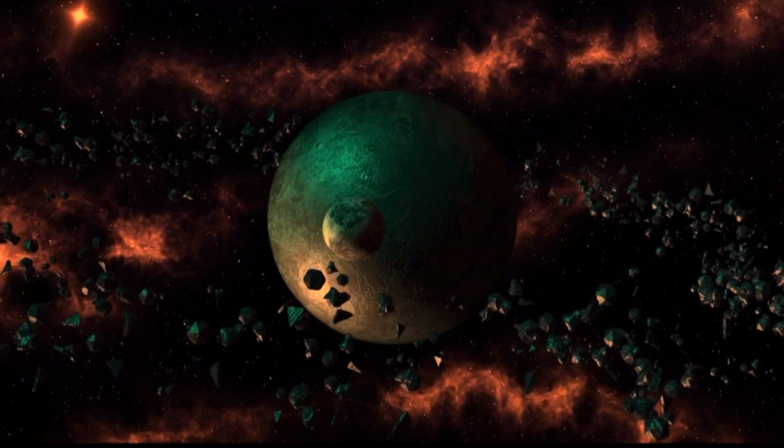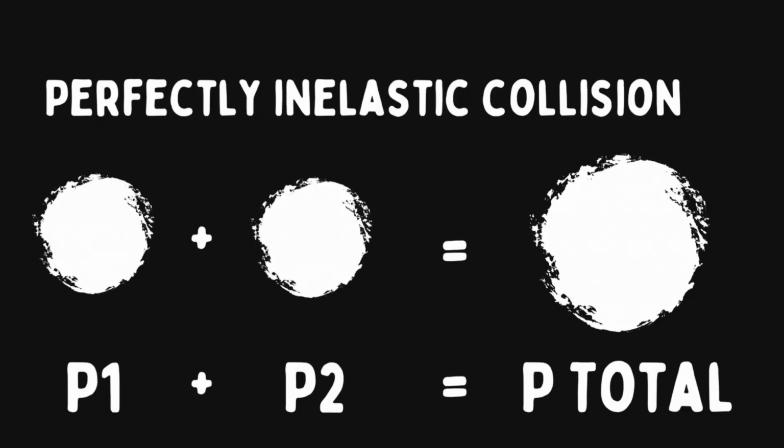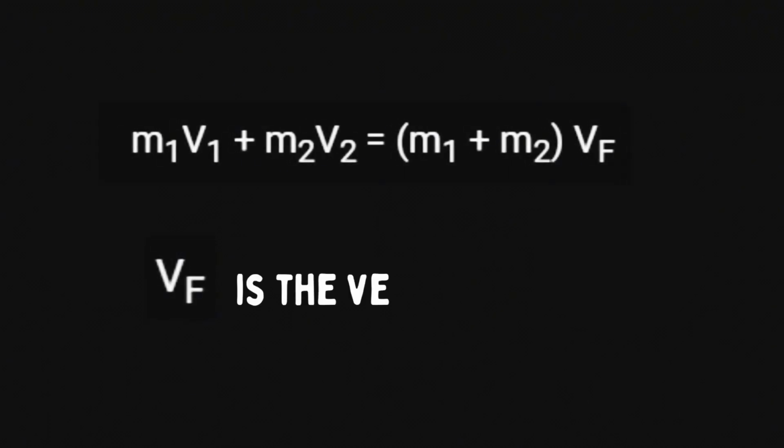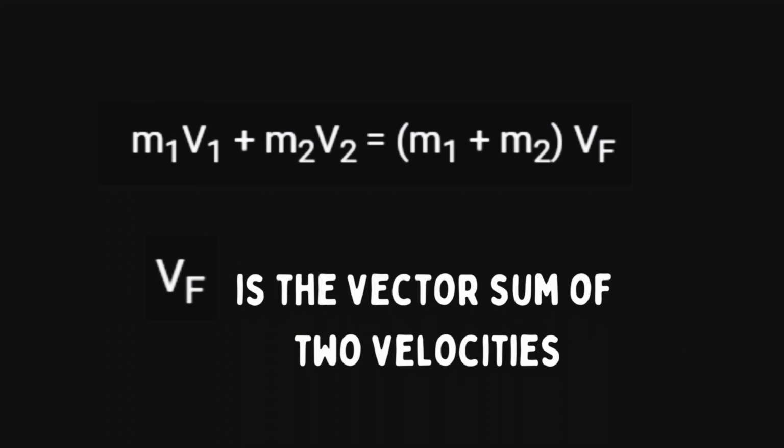With that in mind, when examining perfectly inelastic collisions, it's easy to analyze their momentum. This is because when we treat the objects as a single object and add them together, we can find their momentum. This is demonstrated by the expression m1v1 plus m2v2 equals (m1 plus m2) times vf, where vf is the vector sum of two velocities.